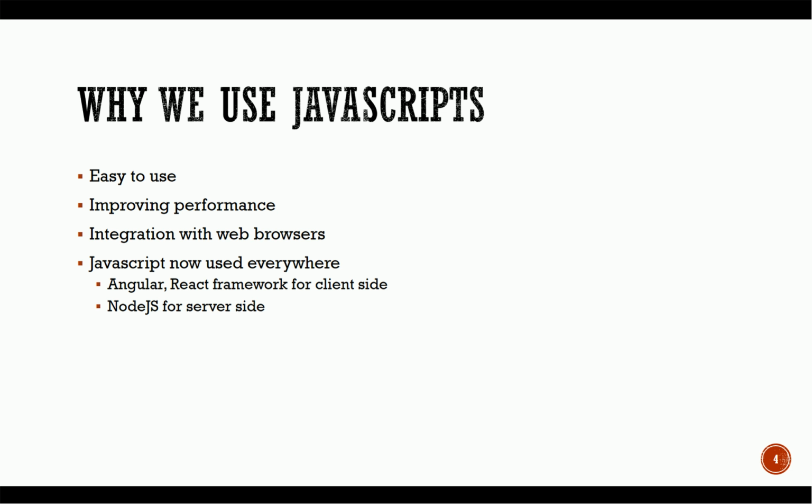And nowadays, JavaScript is so popular that it's not only used on the client side, as we mentioned before, but there is also JavaScript code implemented on the server side as well. What we call Node.js is a very popular server-side programming technology nowadays.